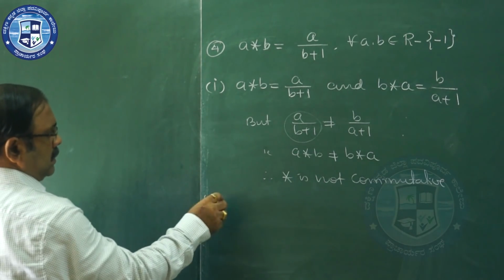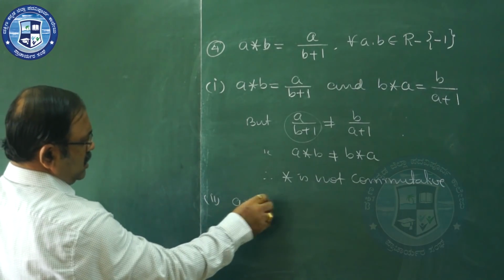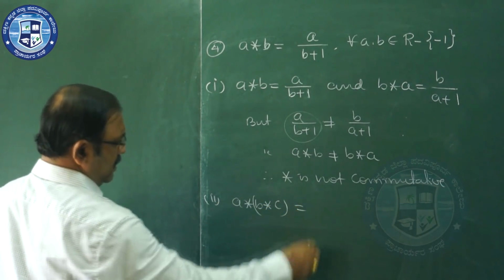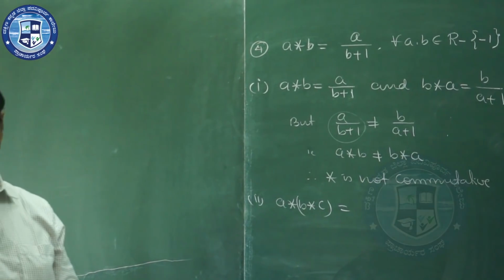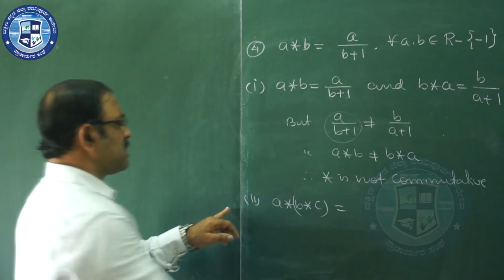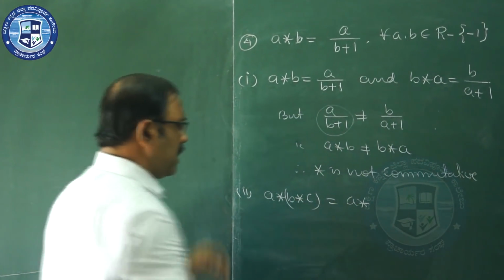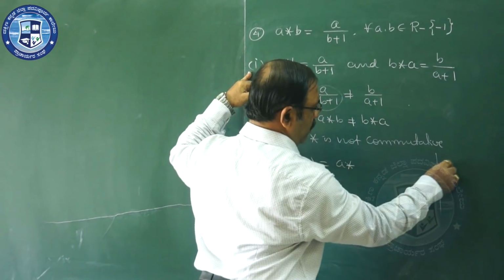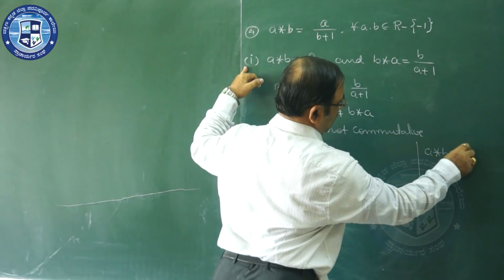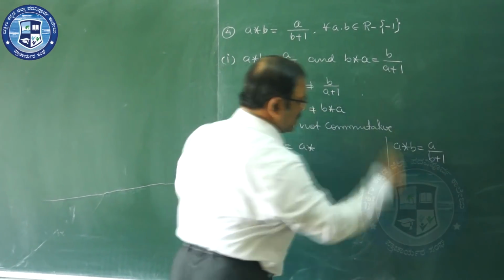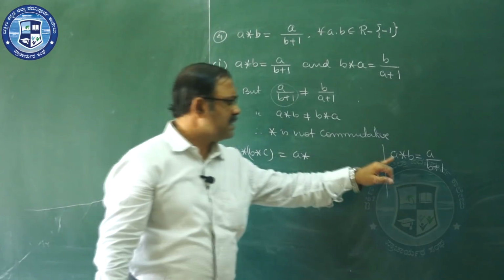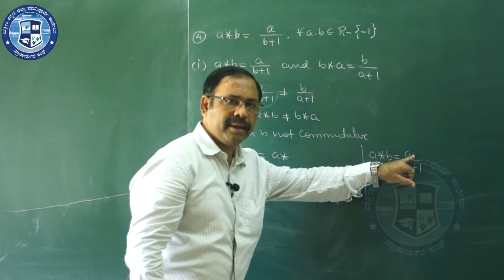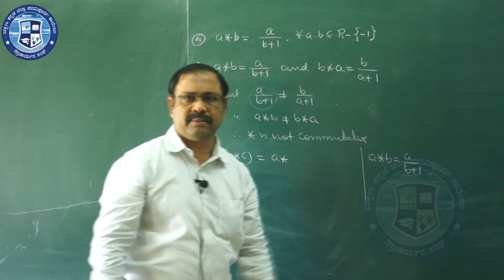Then second one, associative. We write A star B star C, A star (B star C). Tell me, here on the side you write down, what is A star B? A by B plus 1.